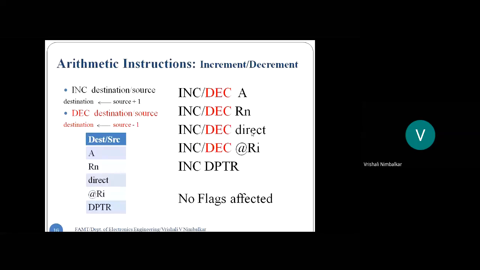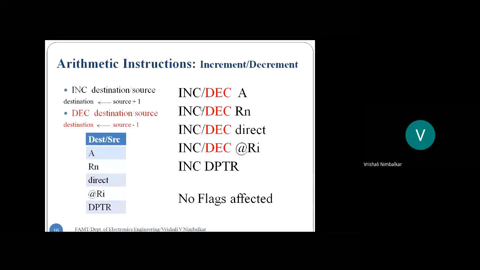DEC direct: data at this address is decremented and saved in the same address. DEC @Ri: data pointed by Ri, decremented by 1, saved at the same memory pointed by Ri. Right? And none of the flags are affected. Even though it's addition of 1, subtraction of 1, flags do not get affected. Remember this, right? Increment and decrement do not affect the flags.